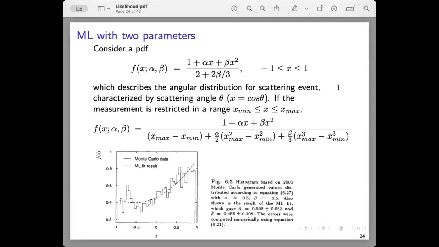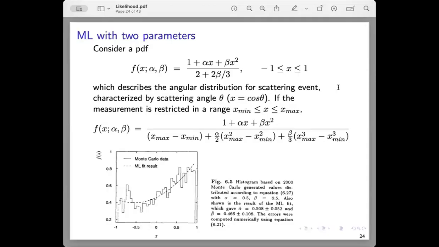Now this is an example where you have a data set obtained using two parameters, alpha and beta, with a PDF which is basically a quadratic function.